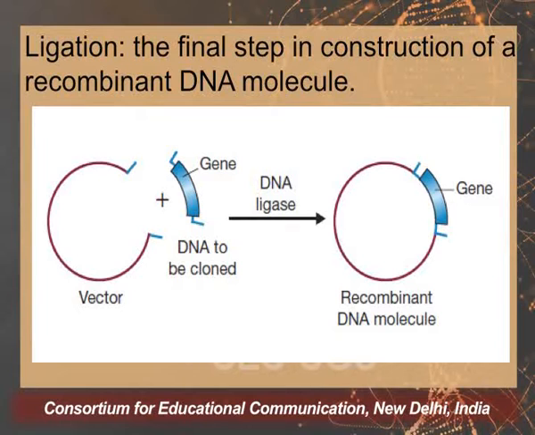But basically when there are two nucleotides, where one has a 5' phosphate group and the other has a 3' OH group, then the phosphodiester bond can be formed between them. That is the simple rule. So DNA ligase can facilitate that.